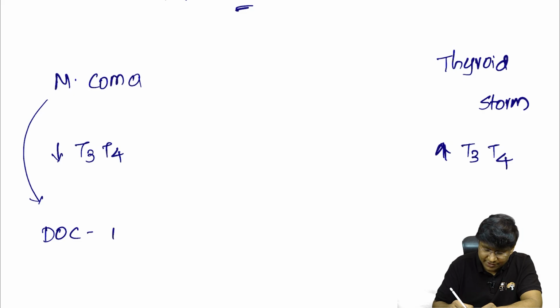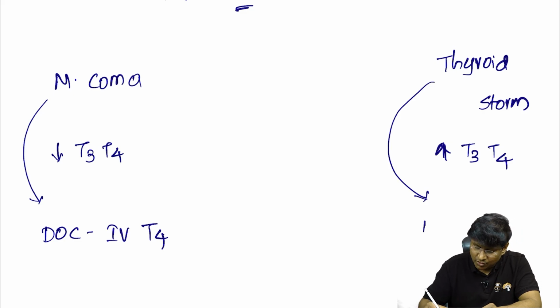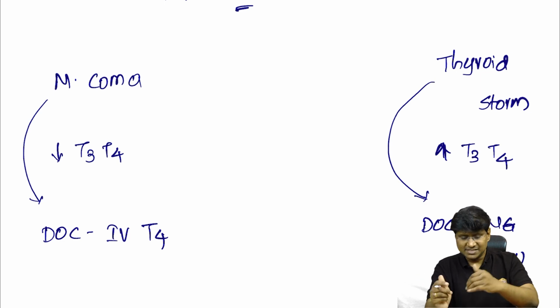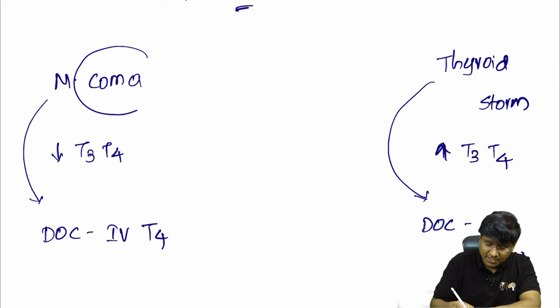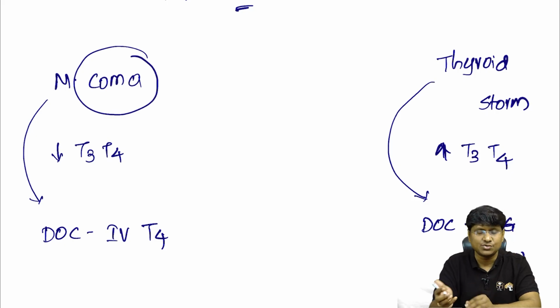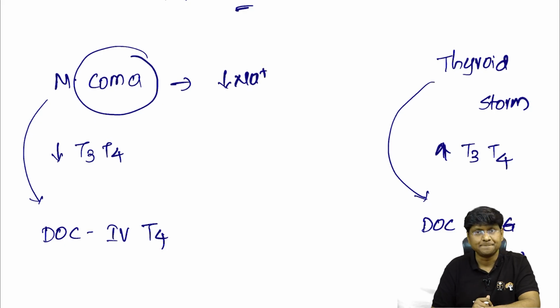The drug of choice is intravenous T4, whereas in thyroid storm, the drug of choice is nasogastric propylthiouracil, right? So this is the difference between myxedema coma and thyroid storm. And in myxedema coma, the individual will go into a state of altered sensorium as well as coma, and that is mainly because of the hyponatremia, right?